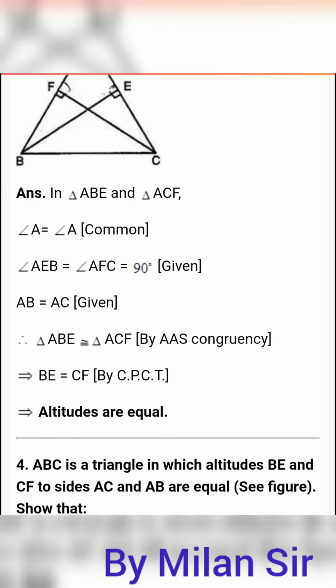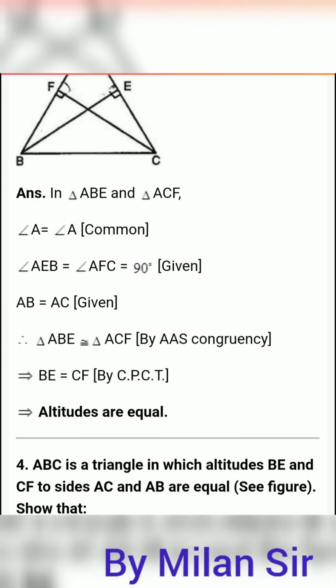Angle A is common in both the triangles. And the third thing, BE is equal to CF, that is given to you. Altitudes are equal.